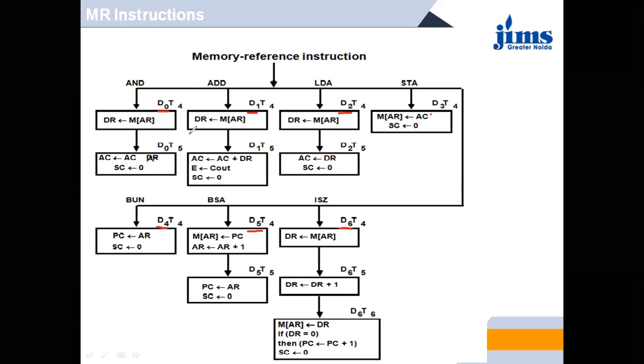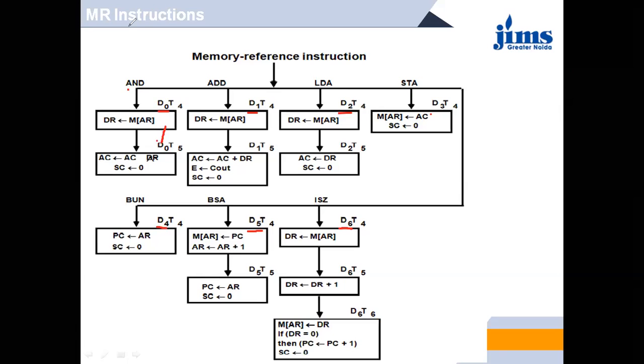So here we select the add operation. At D0 it is going to select add, and then load, store, branch unconditional, and like this. I am trying to specify the steps that we studied earlier over here.